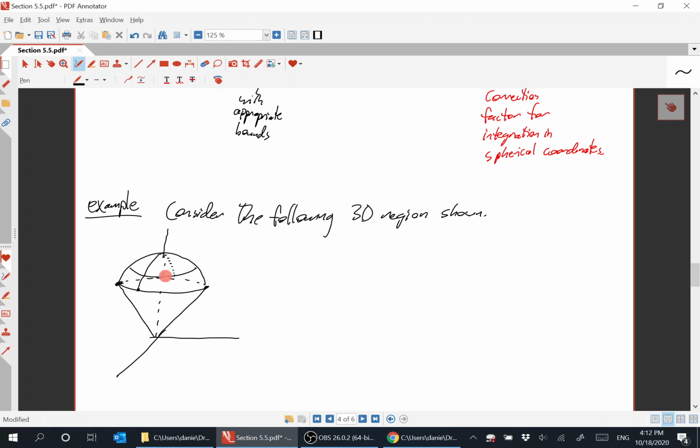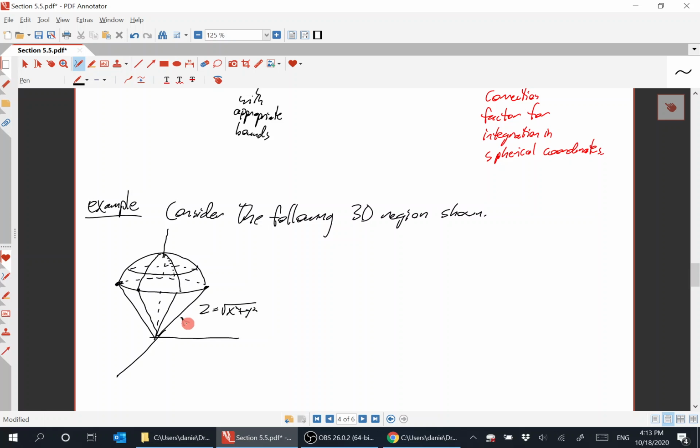So let's say, so again, this is the cone. Z equals square root x squared plus y squared.